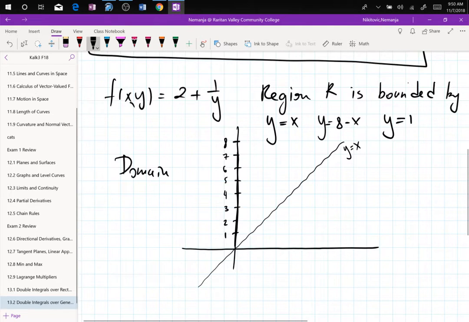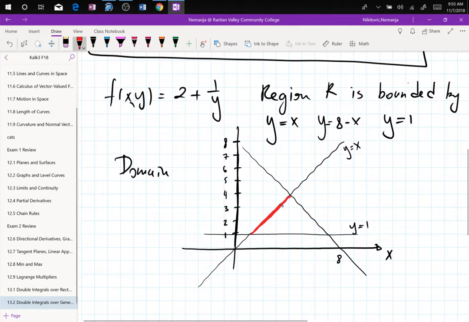and we have 8 minus x, so that's going to be this. Clearly going through 8 on the x-axis, and y equals 1. So what do I get here in red?